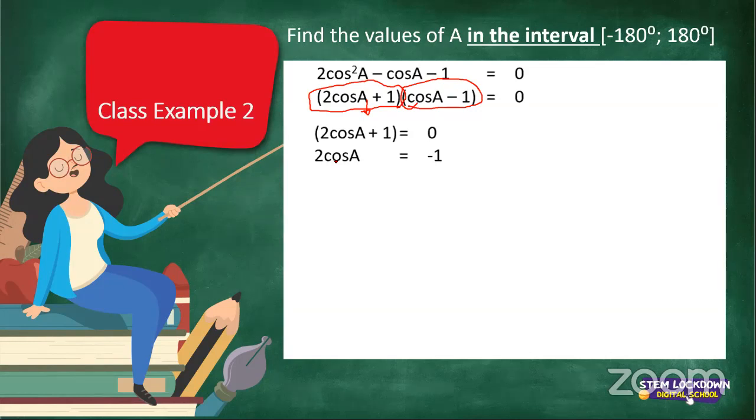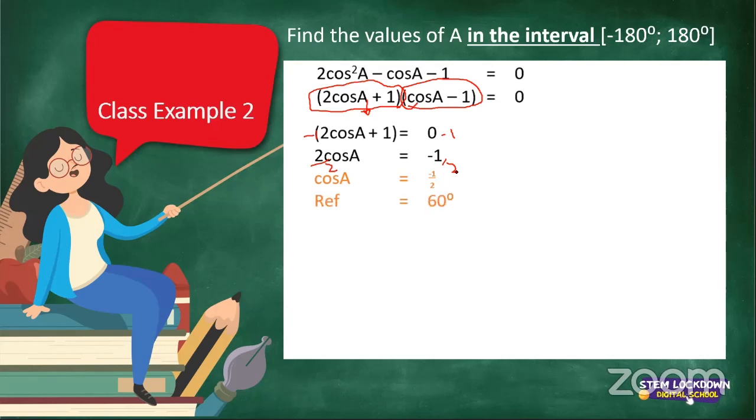So remember what I've always said to you, what you do on the left, you do on the right. And that's why we find ourselves at 2 cos A is equal to minus 1, right? From here, we also need to divide by 2 to remove the 2 from the left-hand side such that we are left with cos A is equal to minus half, right?